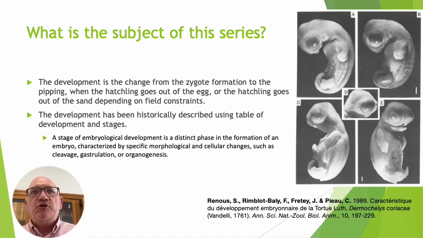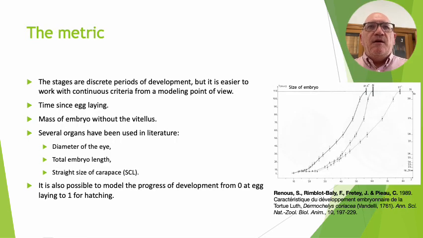Here I show some very nice pictures of development of leatherback by Renou and colleagues. The stages are discrete periods of development, but from a modeling point of view, it is easier to work with continuous criteria.